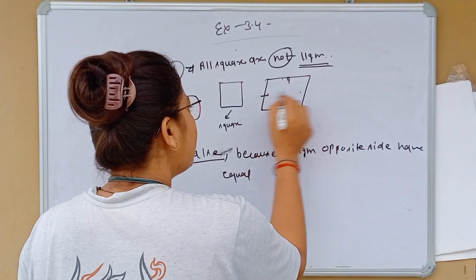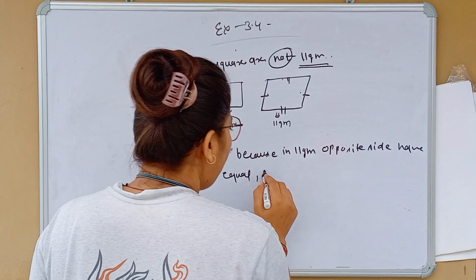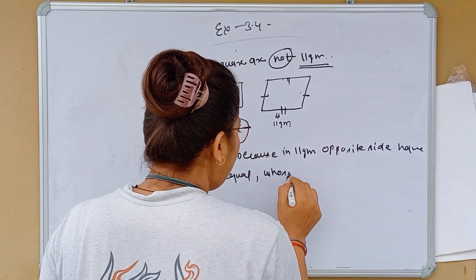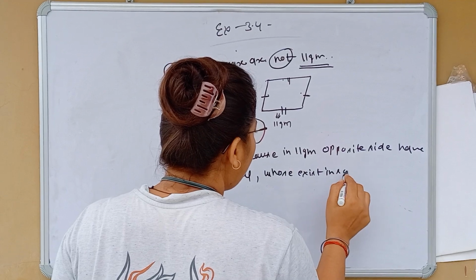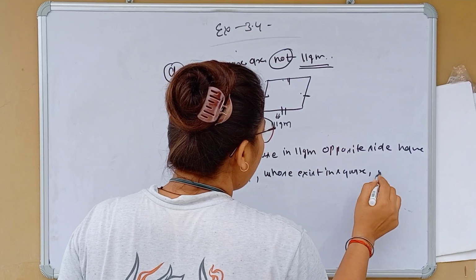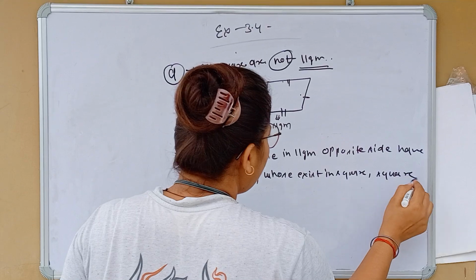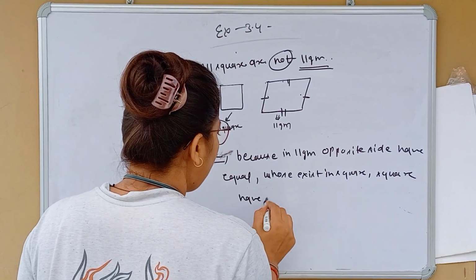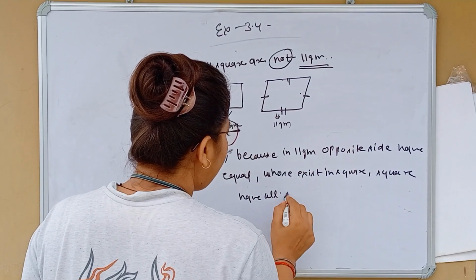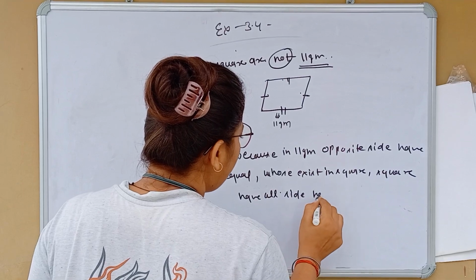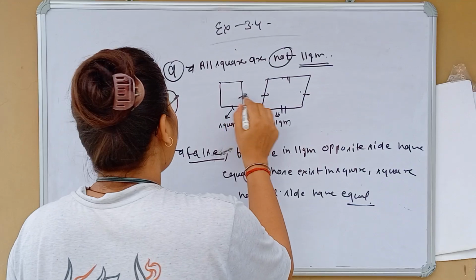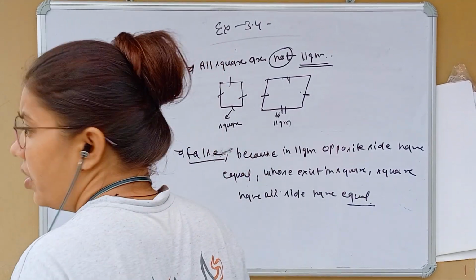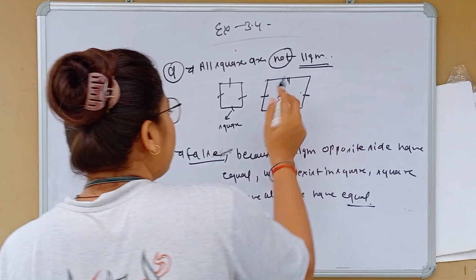That means this side is equal, which exists in a square. A square has all sides equal. So we can say a square has all sides equal and a parallelogram has opposite sides equal.